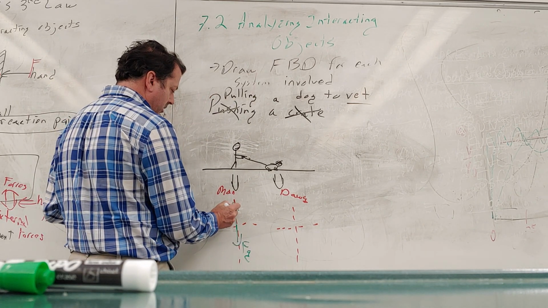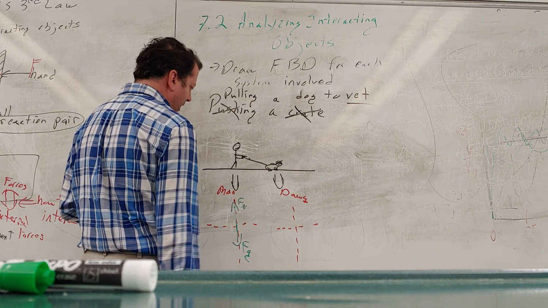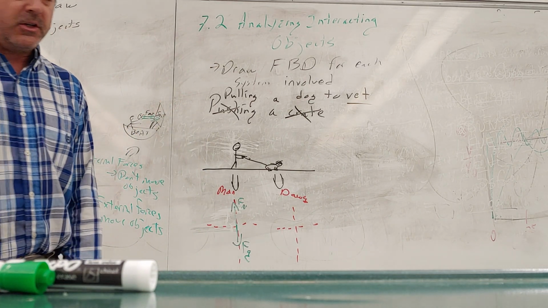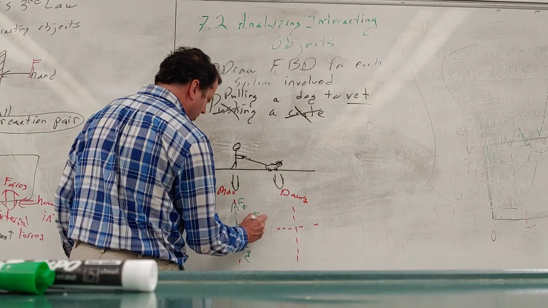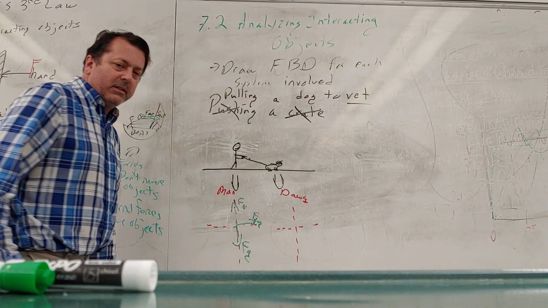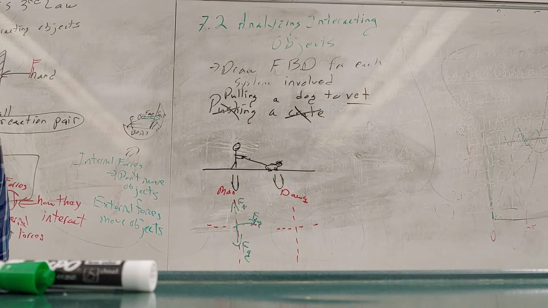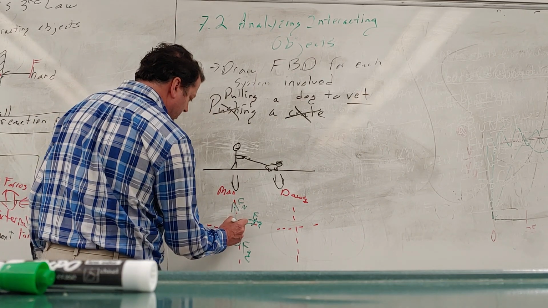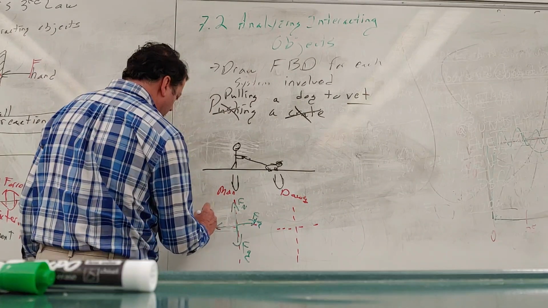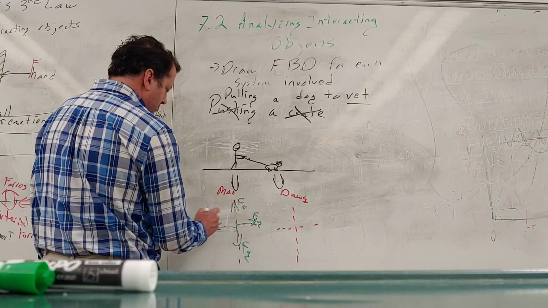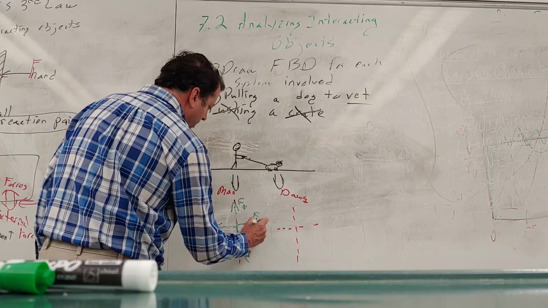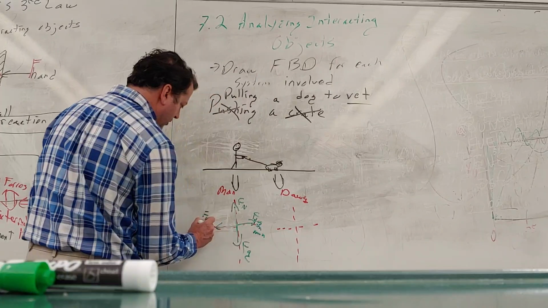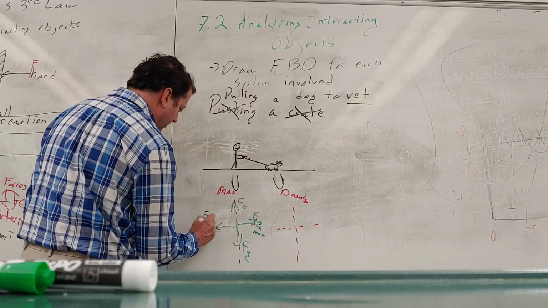Normal force from the ground pushing back up. Now the dog's pulling this way on him. This is the force of the dog. But what's that action-reaction pair? And that is the force of the man. We'll make this dog on man. This is the force of man on the dog.